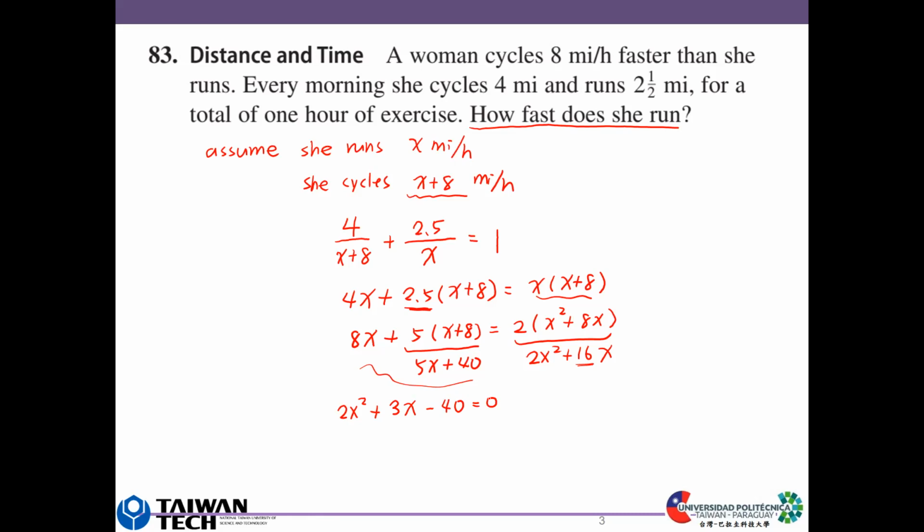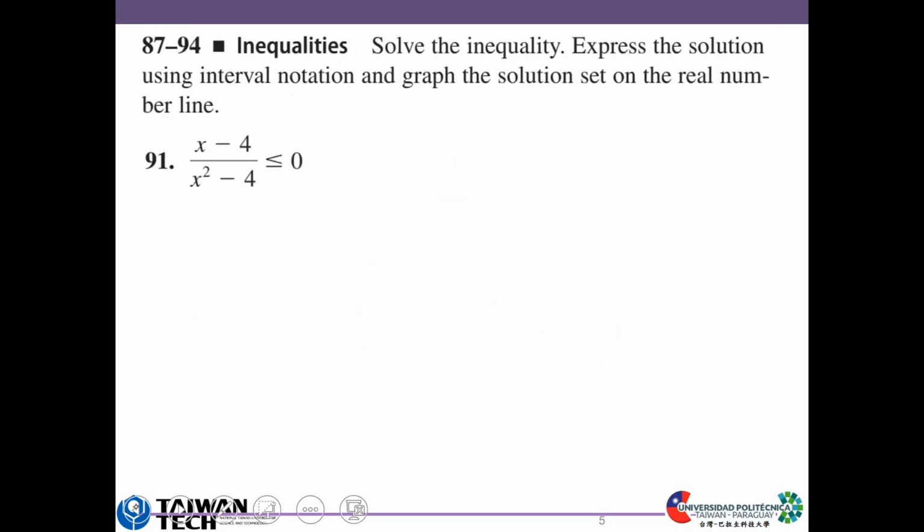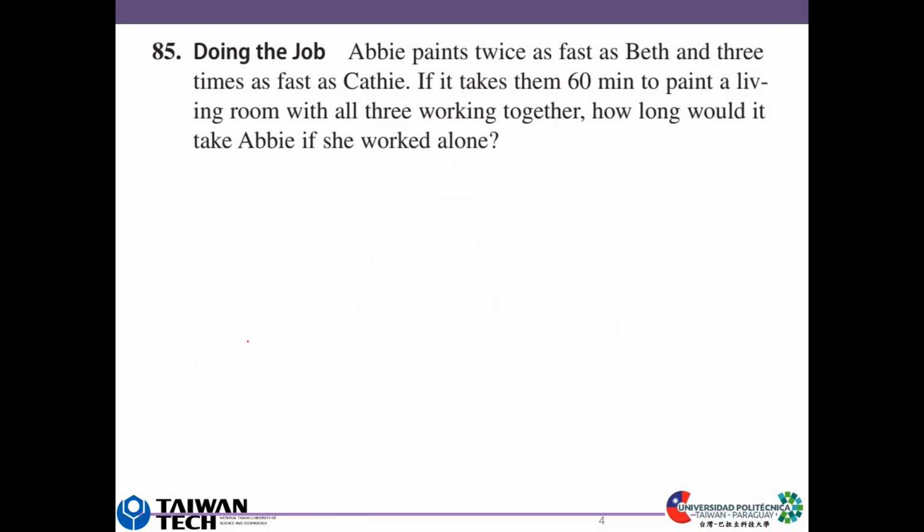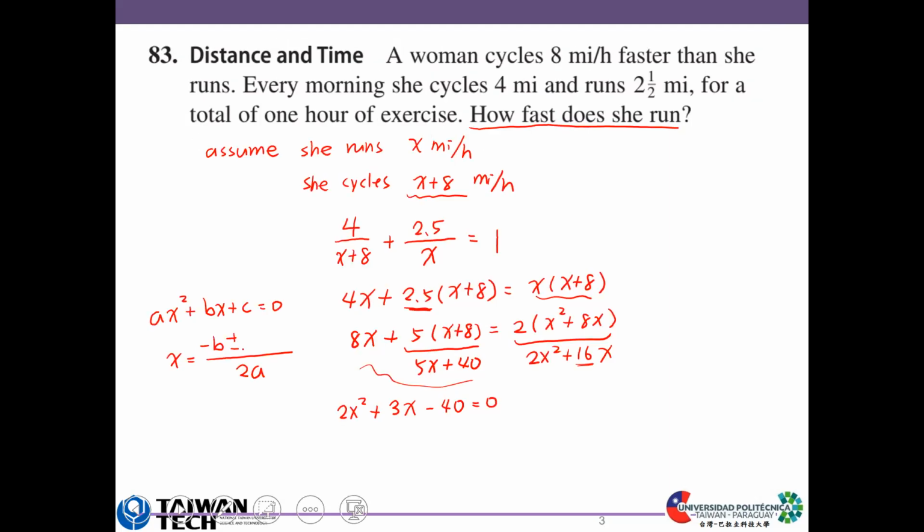So we are able to apply the quadratic formula for this equation. So let us review the quadratic formula. Suppose you have a quadratic equation like this: ax squared plus bx plus c equals 0. Then x could be, the denominator is 2a, minus b plus minus square root of b squared minus 4ac.